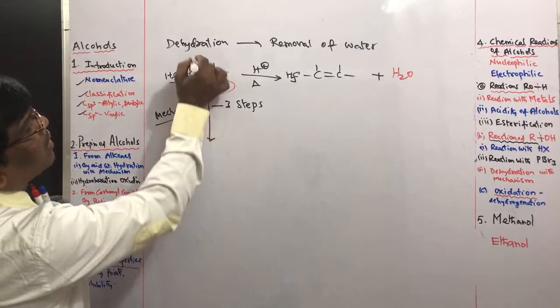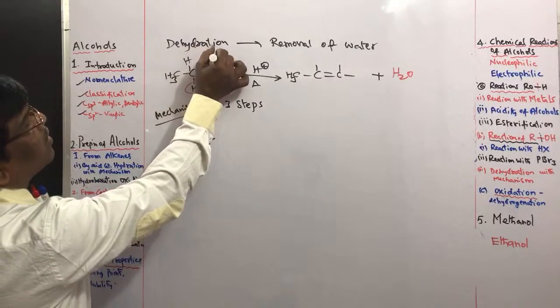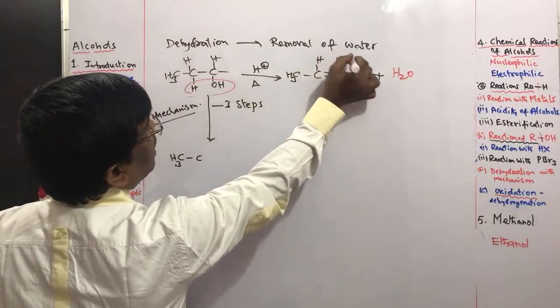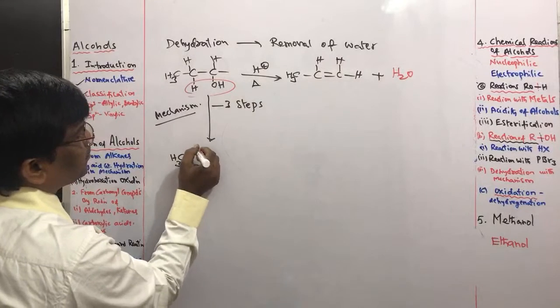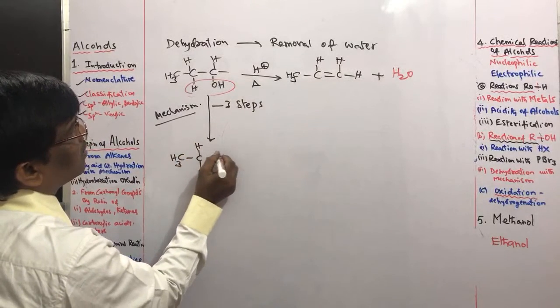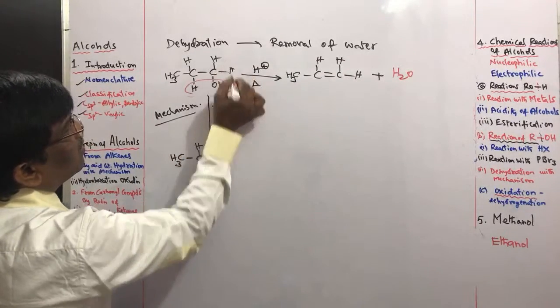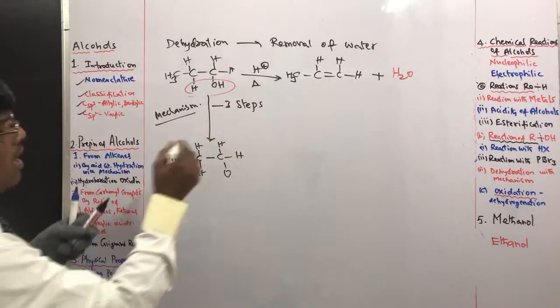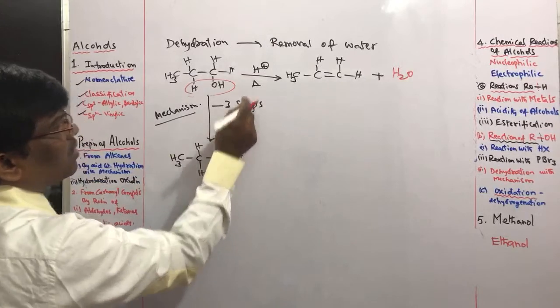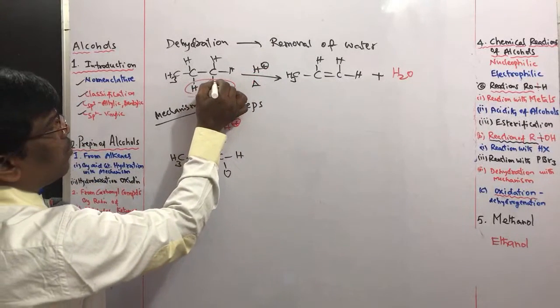CH3 here, with hydrogens, and this alcohol, since we are using acid, is going to be protonated.